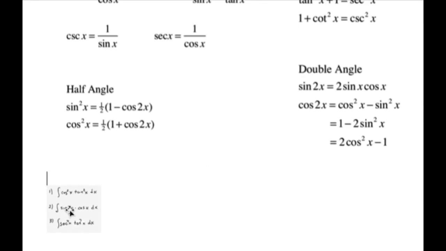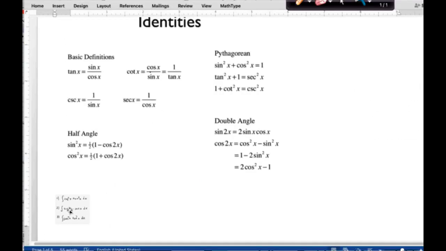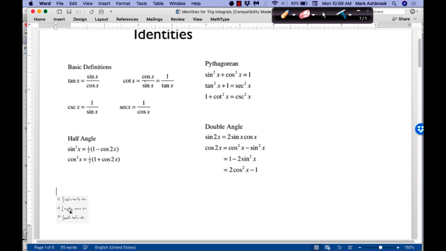Cosine squared, tangent squared. Okay, so we got this more complicated trig integrand, and we need to work with this, either identities or algebra, to make it something simpler that we can just do, or we're trying to set it up for undoing the chain rule.